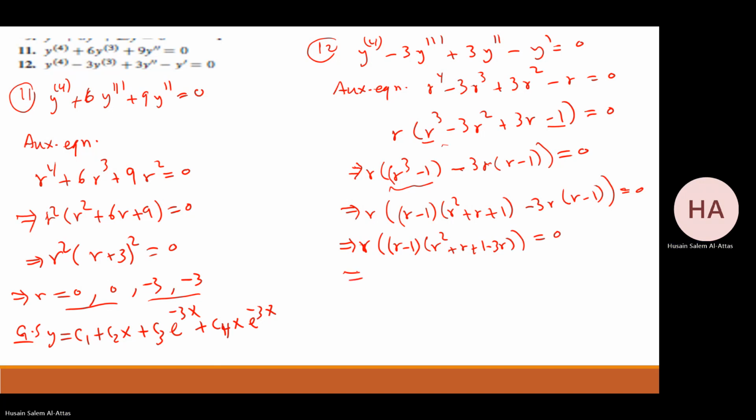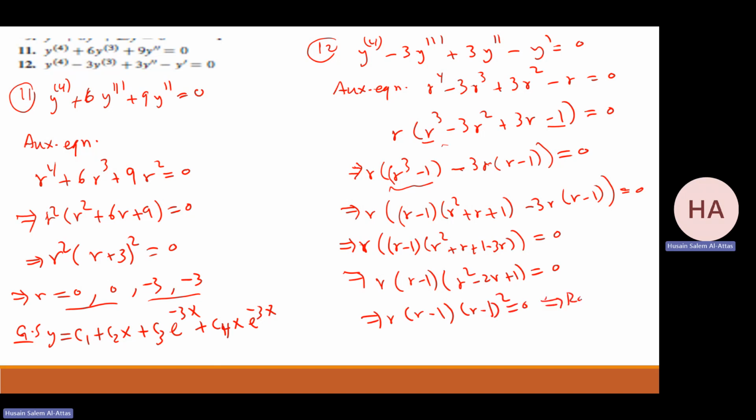So you have r minus 1 times r squared minus 2r plus 1 equals 0, which is r minus 1 squared. So what are the roots? 0, 1, 1, 1. General solution y equals c1 plus c2 e to the x plus c3 x e to the x plus c4 x squared e to the x. That will be my general solution.